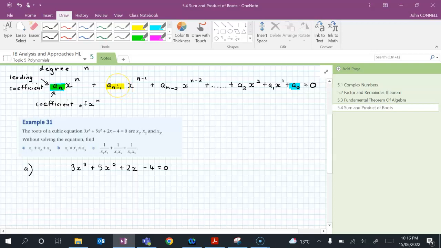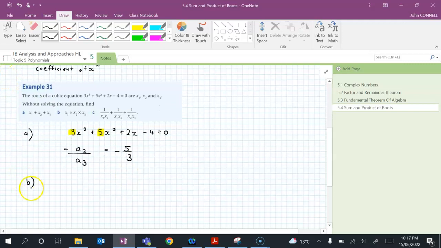So we've got the leading term with the leading coefficient, and then you take the next term on, and you take its coefficient. That's the one we want. So the formula is negative a_2 on a_3. It will be this one here, the one term in from the leading term, divided by the 3 there. So the sum will be negative 5 on 3.